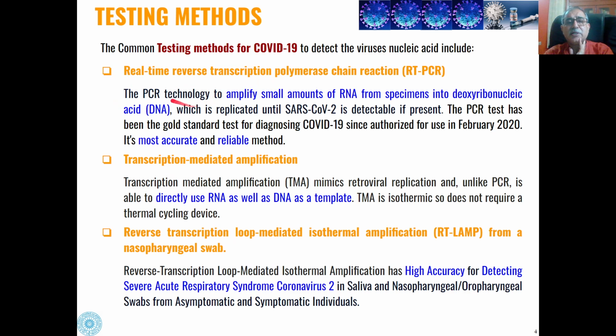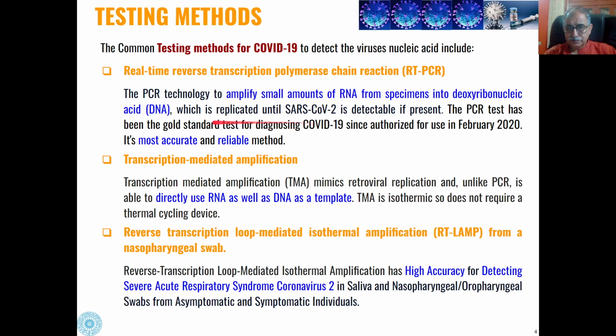In the RT-PCR test, PCR technology was used to amplify small amounts of RNA from specimens into deoxyribonucleic acid, that is, a small amount of RNA was transformed into DNA, which was observed by PCR technology.